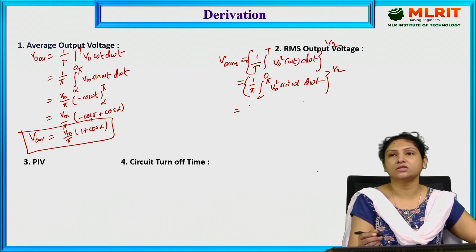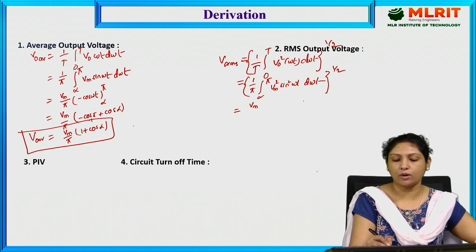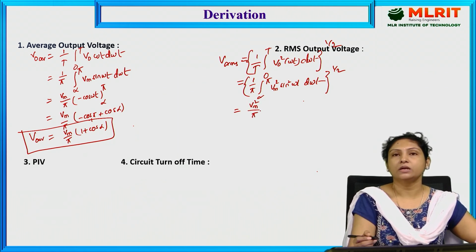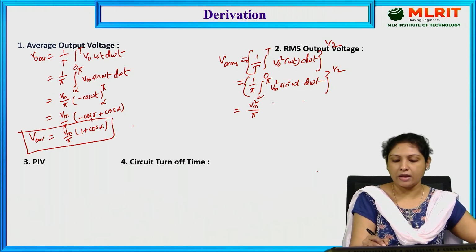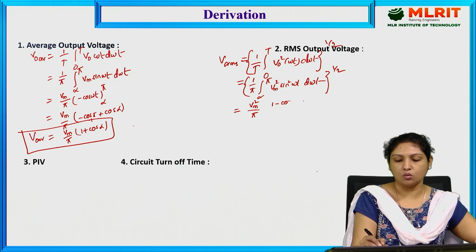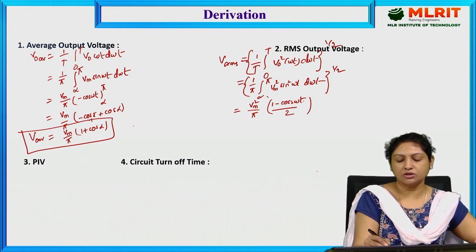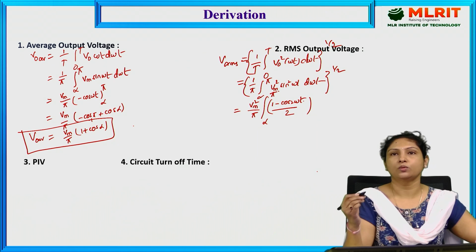Bringing the constant out, Vm square by pi, integration of sine square omega T. To be convenient, let me write sine square as 1 minus cos 2 omega t by 2, integrated from alpha to pi.